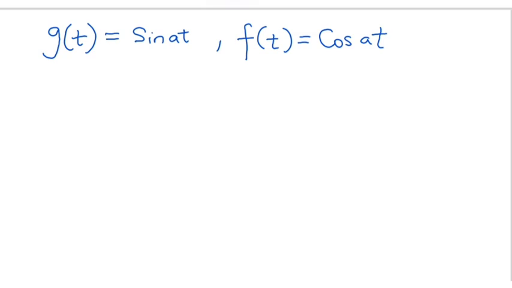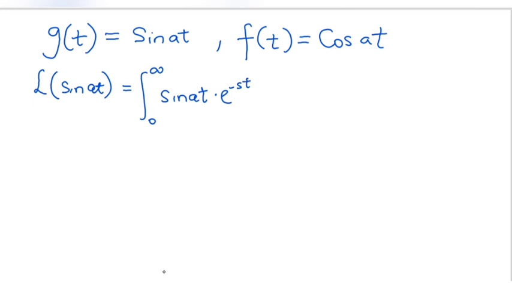We want to find the Laplace transform of sines and cosines, and we start immediately by taking the Laplace transform of sine at, which we all know by definition is the integral from 0 to infinity of sine at e to the negative st dt, and we can call this capital G of s.